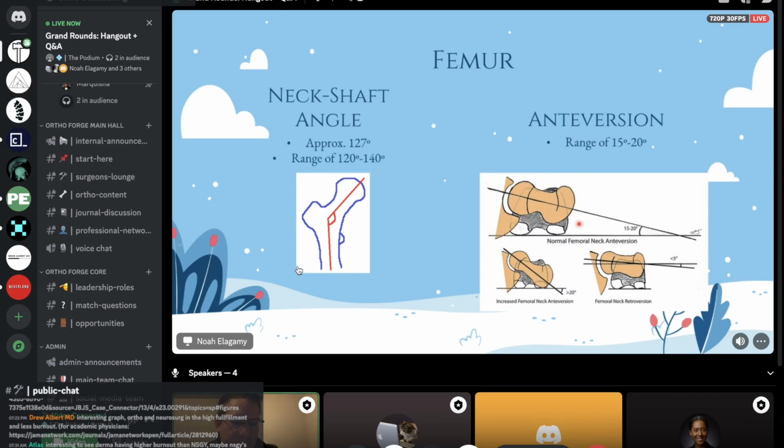If you can burn this image into your head, this is femoral version, whether it's more anteverted or more retroverted. It's all in reference to the distal femoral condyles, and those are at the knee.